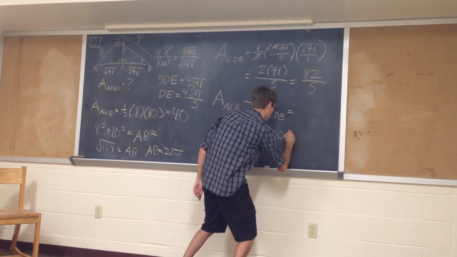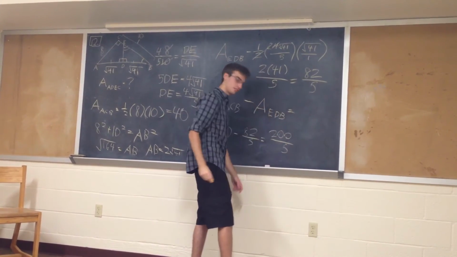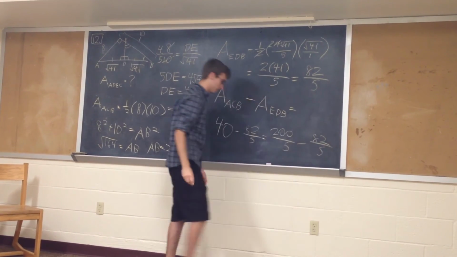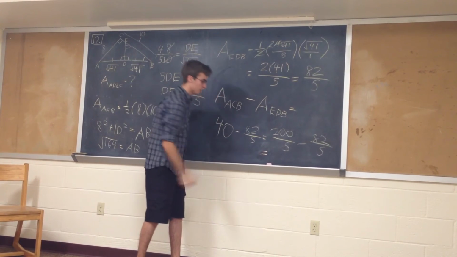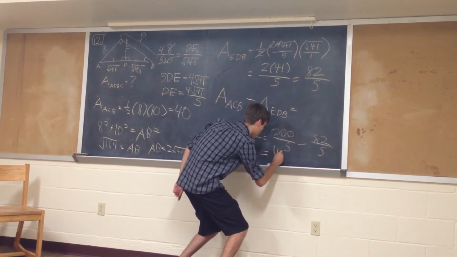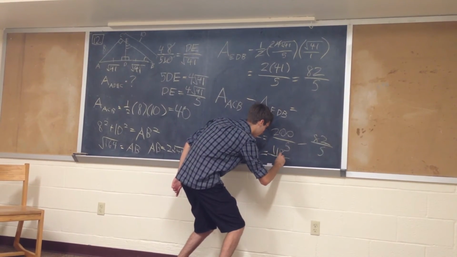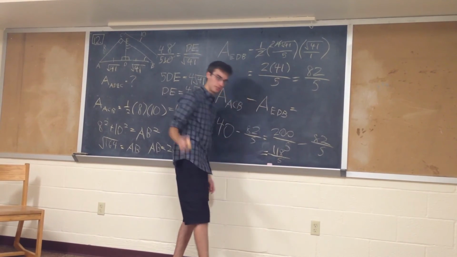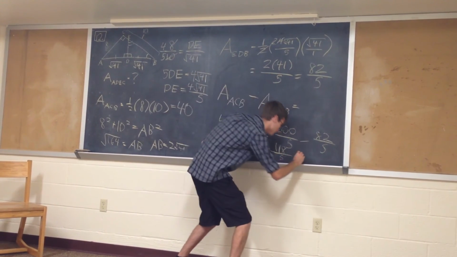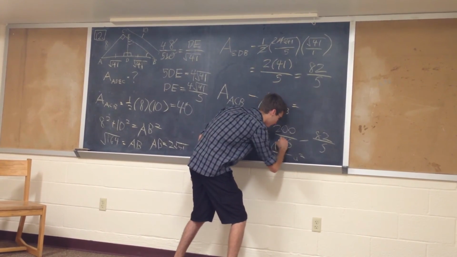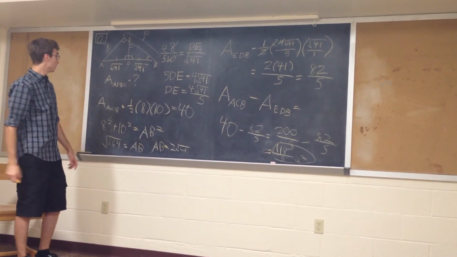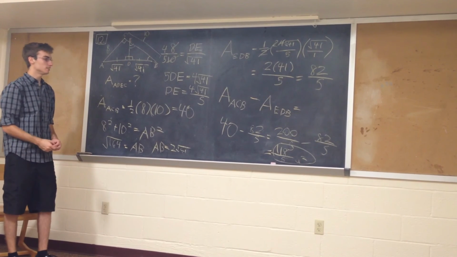If we're converting 40 into a fraction, minus 82 over 5. All right, running out of room here. Let's write it down here. 200 minus 82, 118 over 5. And don't forget your units in there, because we're not told what units we have. Units squared. And that is our remaining area. That is the area of quadrilateral ADEC.